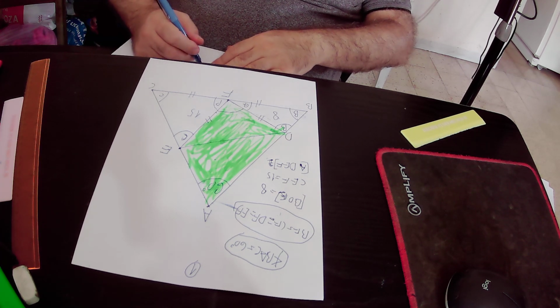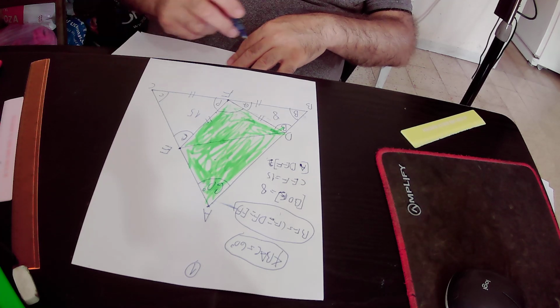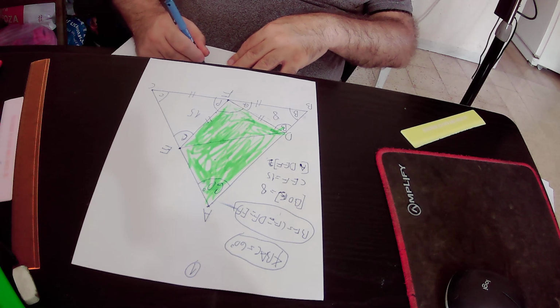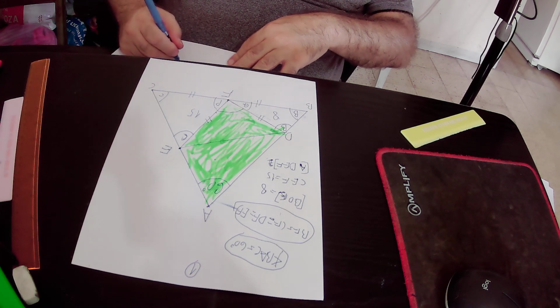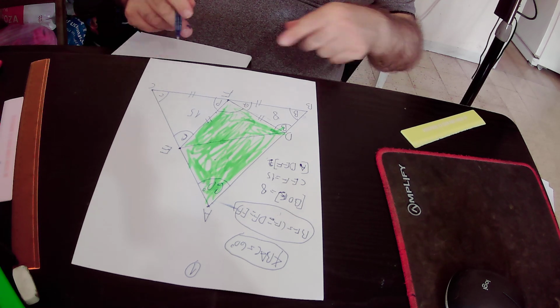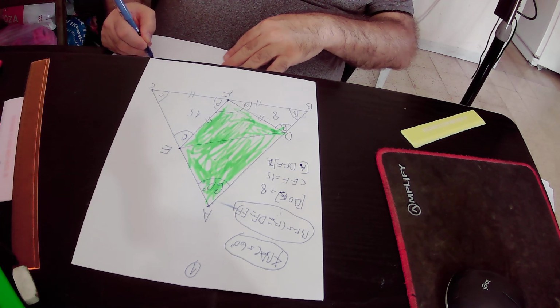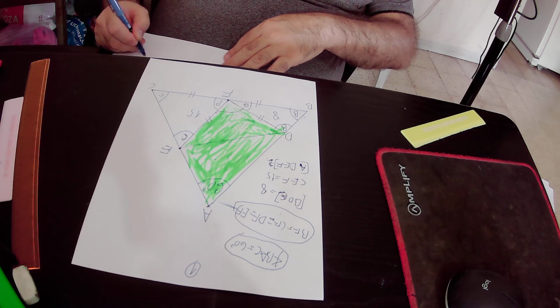The sum of the angles at point F on the straight line BC will be equal to Q plus P plus angle DFE, and according to rule number 3, the sum of the angles on the straight line BC must be equal to 180 degrees. So the sum of those three angles must be equal to 180 degrees.